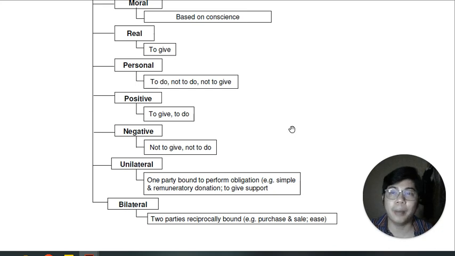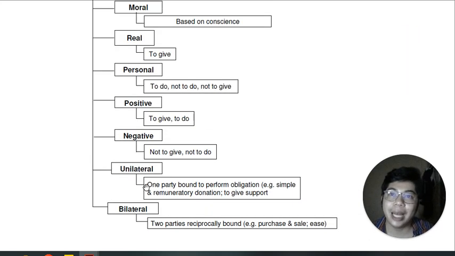Just like donation, the obligation is only on the part of the donor, and the donee will just accept the donation. In the Family Code, to give support: who are bound for support? The husband and wife, the father and the mother. That is a unilateral obligation, because only one party is bound to perform.